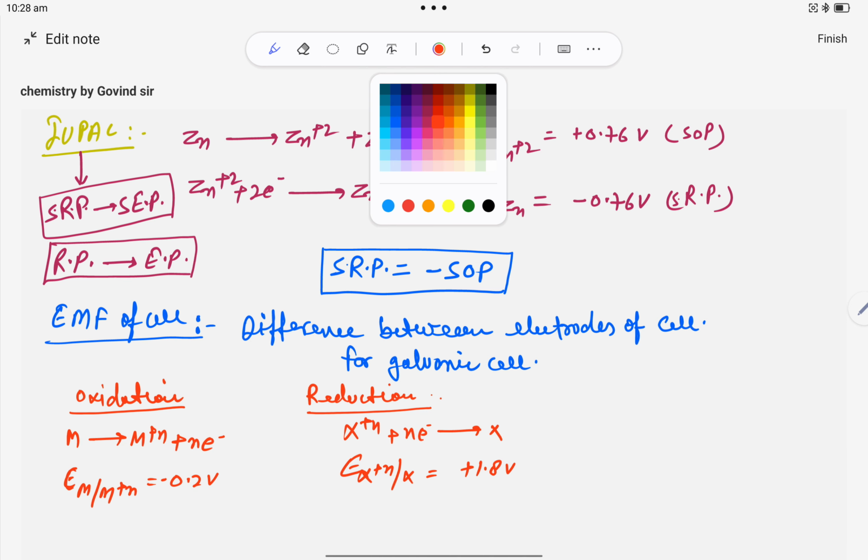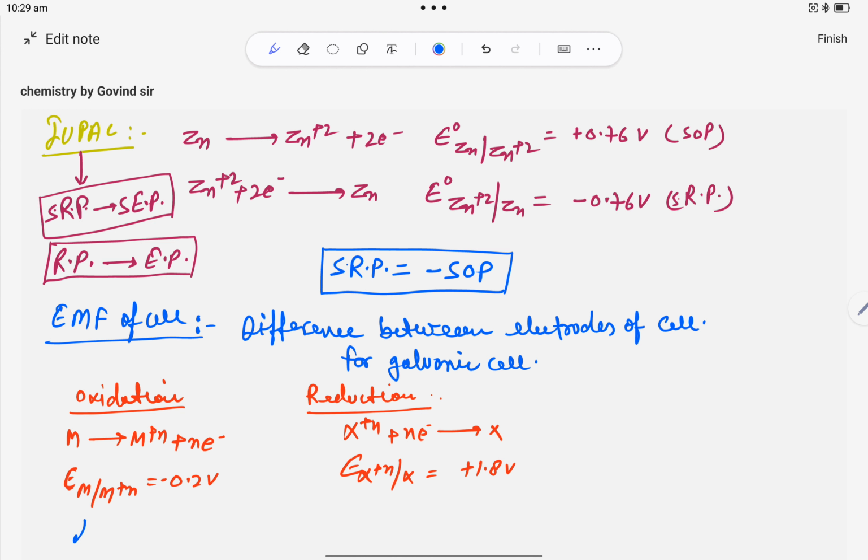Two electrodes are given, cathode and anode. So the difference is 1.8 and minus 0.2, the difference will be 2 volt.